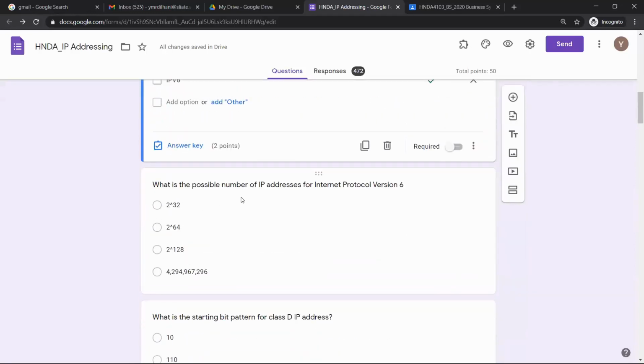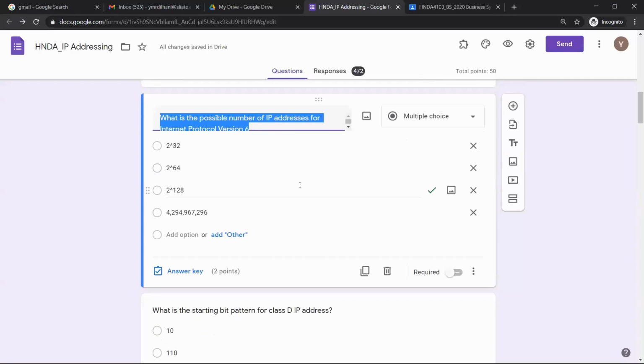And what is the possible number of IP addresses for Internet Protocol version 6? When you have this kind of question about the possible number of IP addresses, you always have to take 2 to the power of the number of bits.